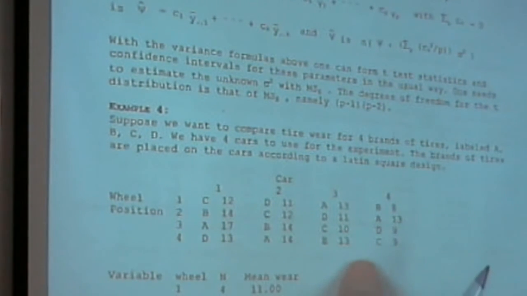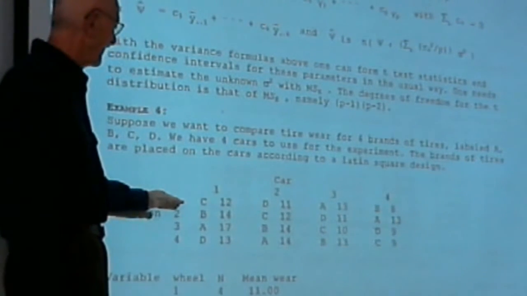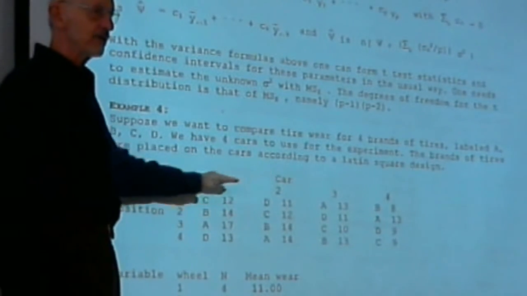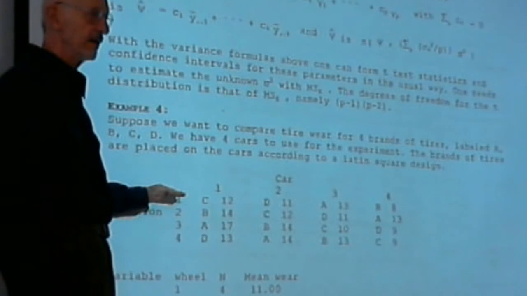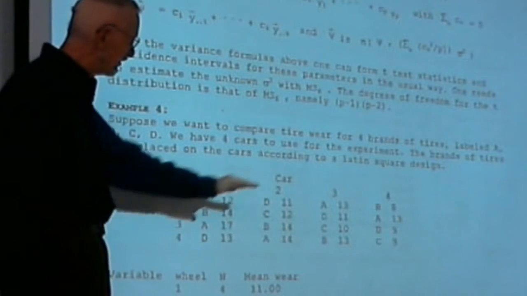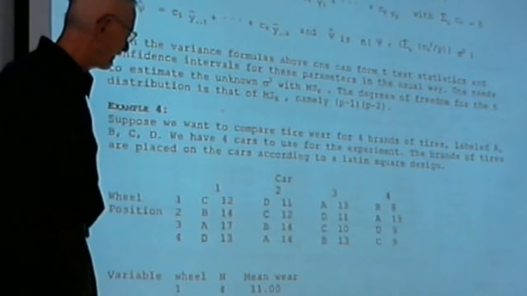This is a 4x4 Latin square, right? If I fix a row, it's a real position, and then I average the data, how many terms are in the average? 4. For any row, I average across the data in that row, there's 4 terms in the average.